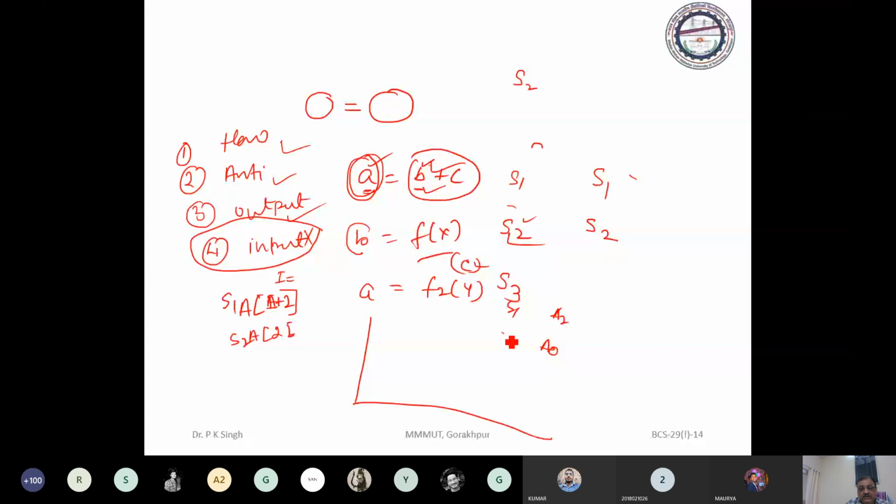This is S1, this is S2 for I equal to 0. For I equal to 1, it will refer 3, it will refer 2. For I equal to 2, it will refer 4, it will refer 4. For I equal to 3, it will refer 5, it will refer 6. Okay? So just see the nature.